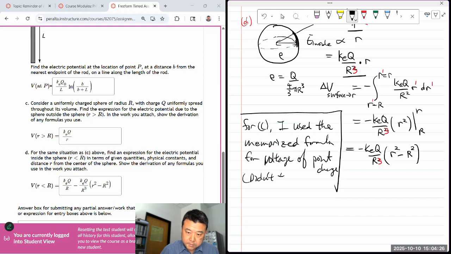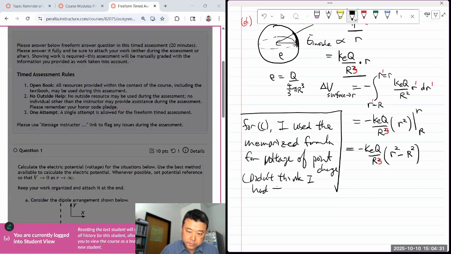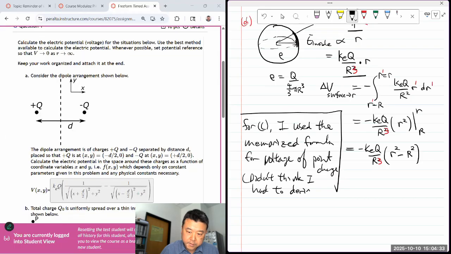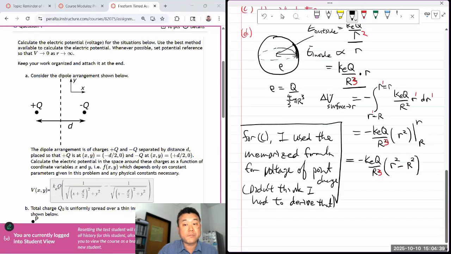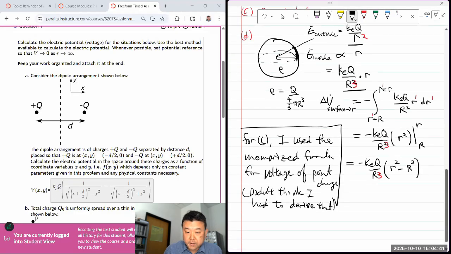I didn't think I had to derive that, and one could argue that such a basic formula, one would have it memorized. You don't need to derive it.